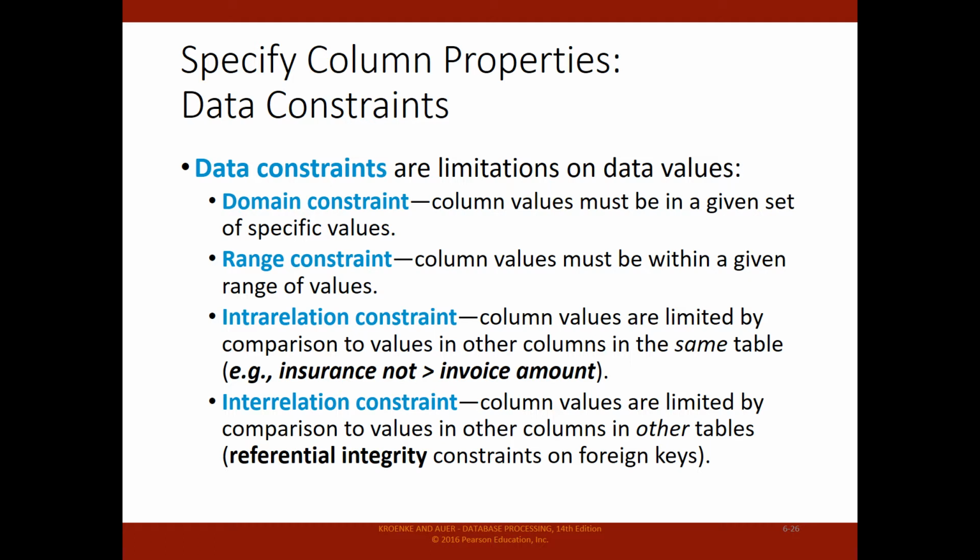And then the inter-relation constraint, which we call referential integrity. What we mean by referential integrity is that the foreign key value has to be one of those values that exists in the primary key.